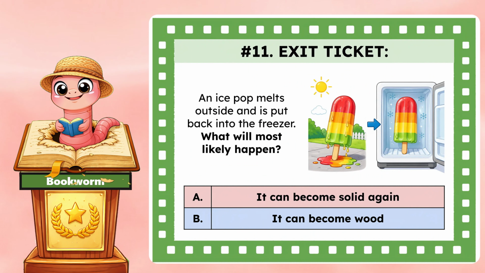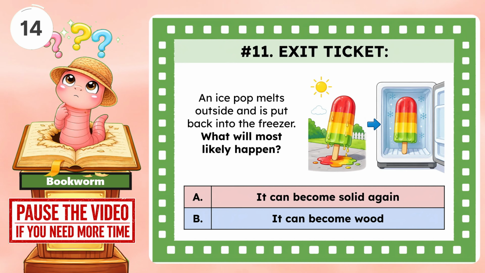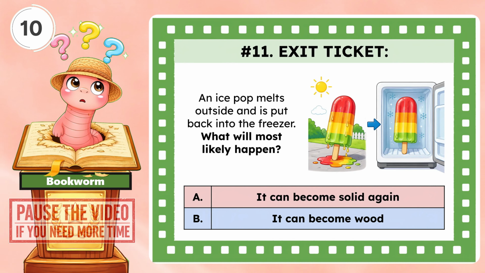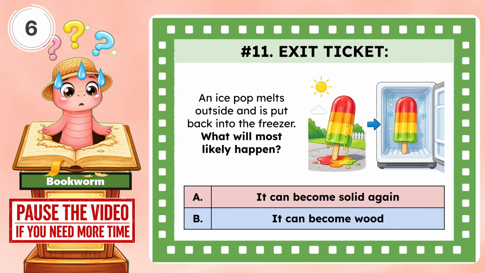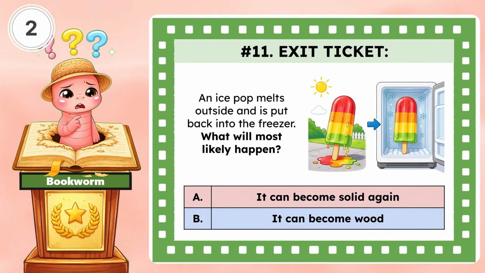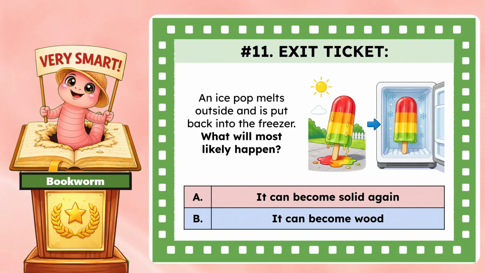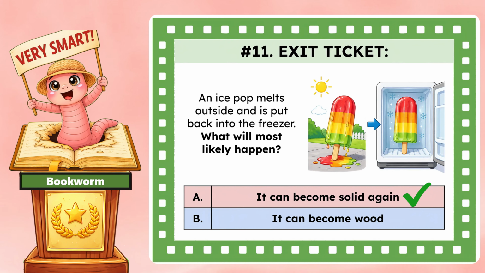An ice pop melts outside and is put back into the freezer. What will most likely happen? And the correct answer is letter A, it can become solid again.